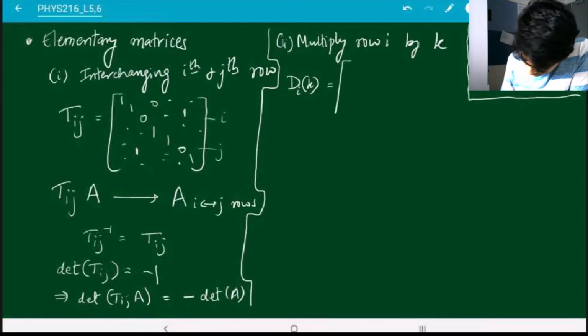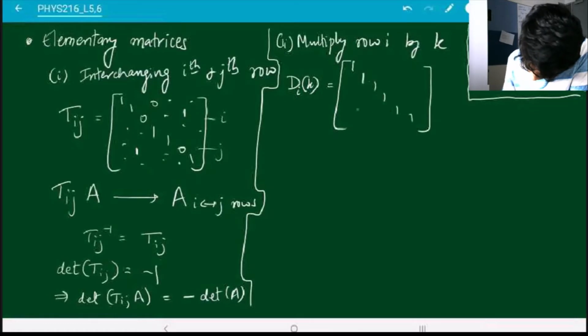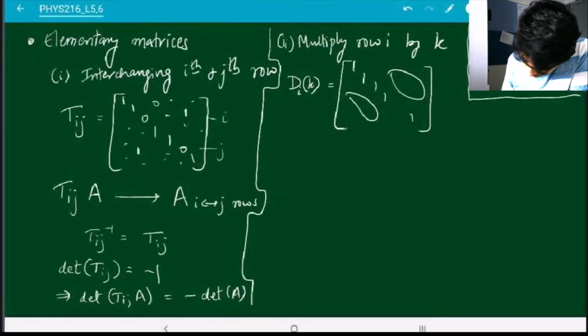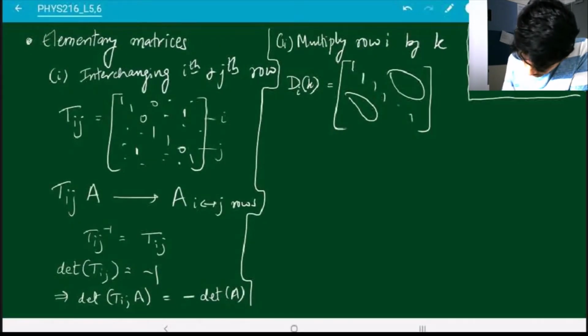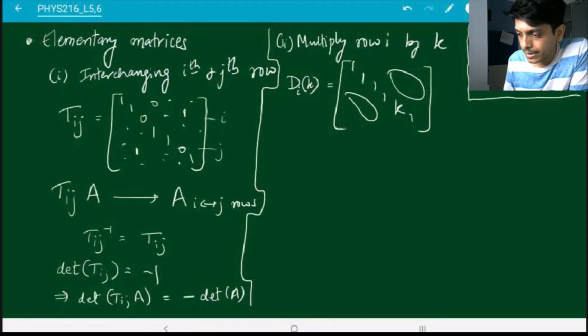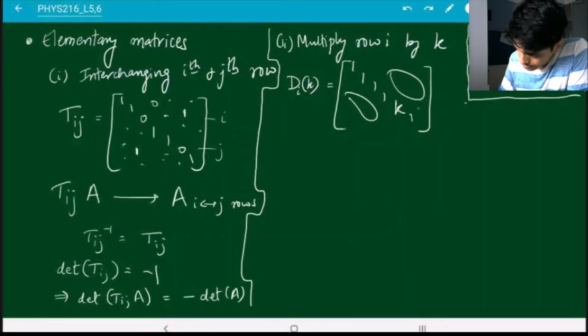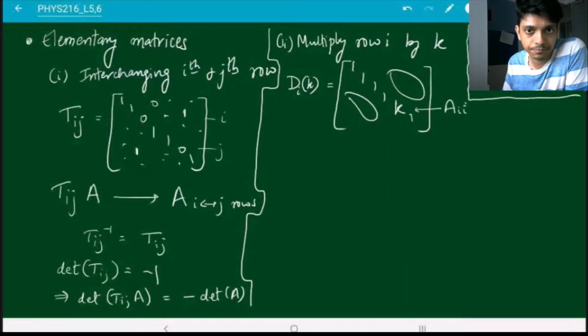This is once again the identity matrix, with zeros everywhere else, except that in the ith row I will put the number k. So this k over here is your aii element, and all the other diagonal elements are 1 as always, and all the non-diagonal elements are 0 as always.